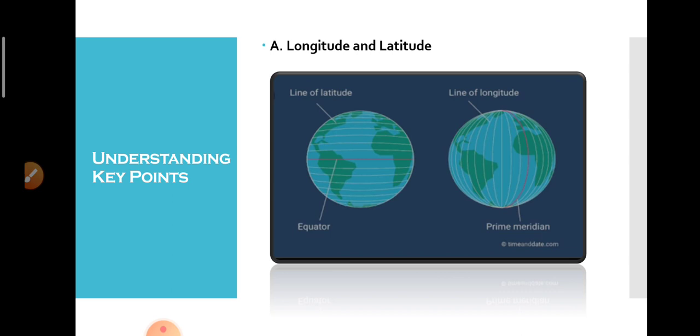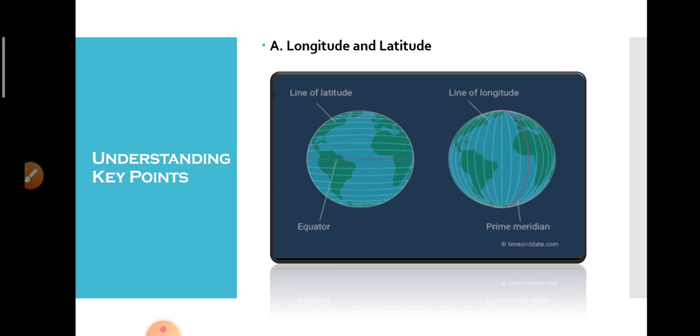The longitudes are long vertical lines that divide the earth into the western and the eastern hemisphere. Now, prime meridian is the red line marked as you can see on the right hand side of the picture.